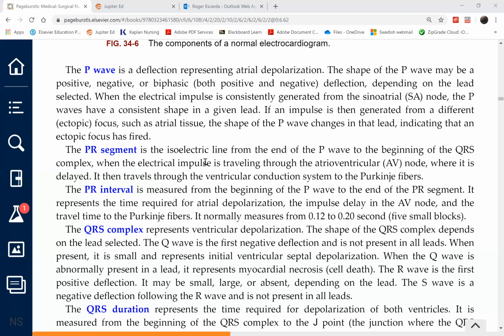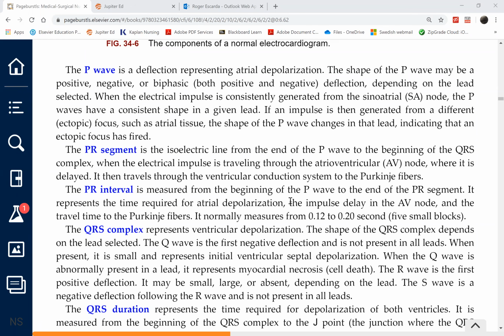Let's skip the PR segment. Let's just discuss the PR interval. What is the PR interval again? Isn't it the delay in impulses from the P wave to the QRS complex?